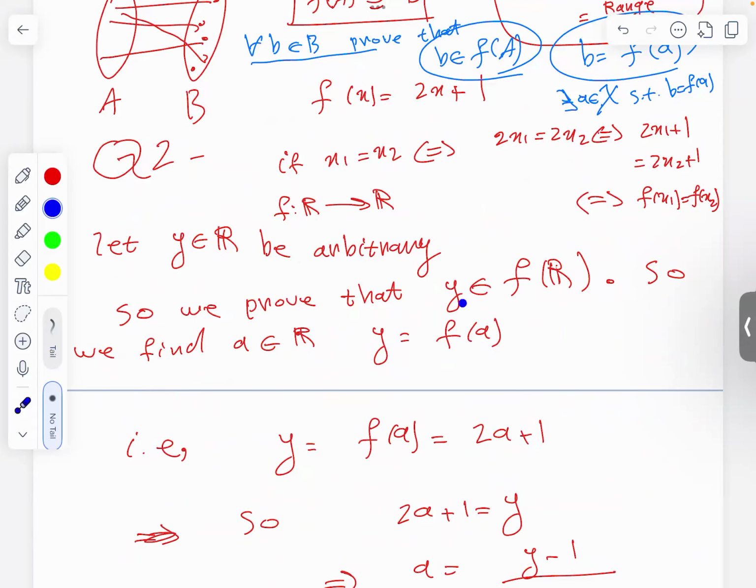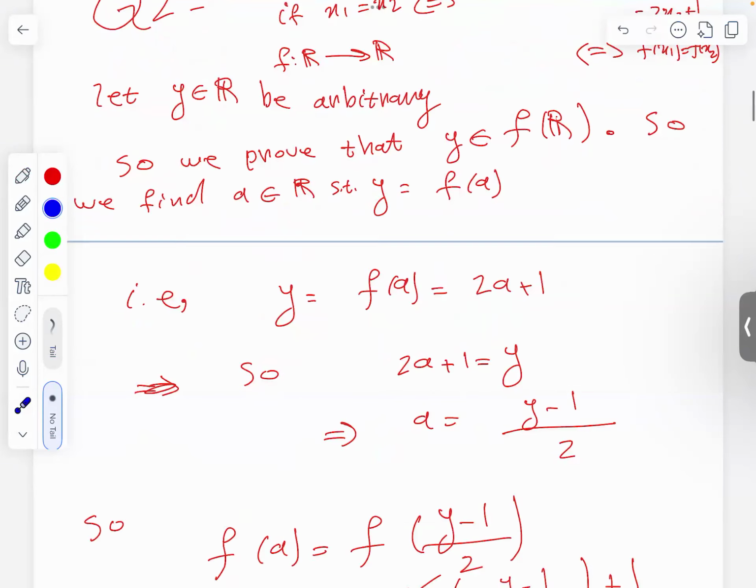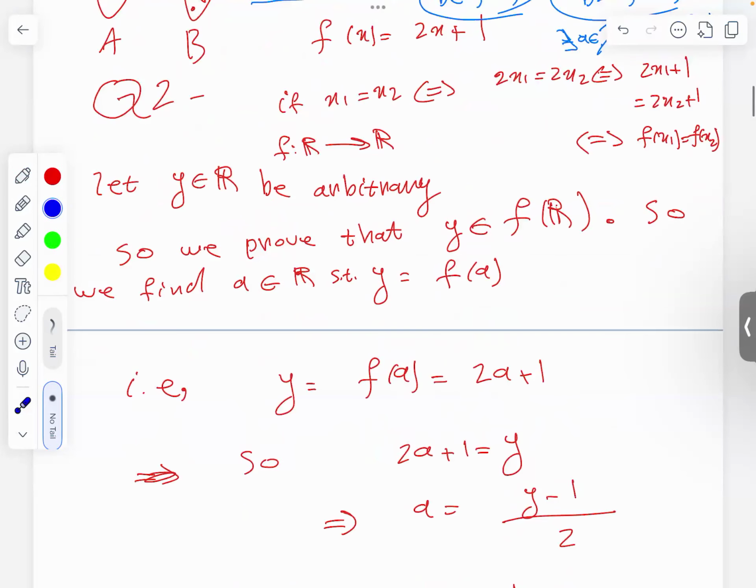So we want to prove that y belongs to f of R. In other words, we want to prove that there is an a belonging to R such that this happens. This means if f acts on a, f of a will be equal to y.